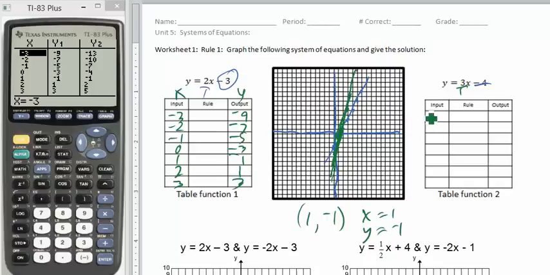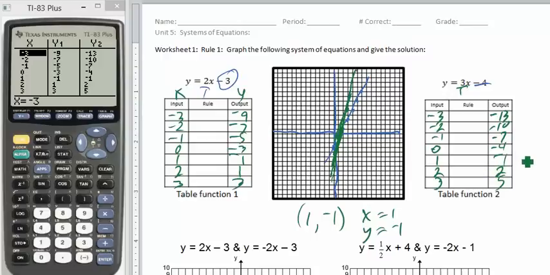And for over here, -3 is -13. Again, I'm just getting this from the table. -10, -7, -4, -1, 2, and 5.